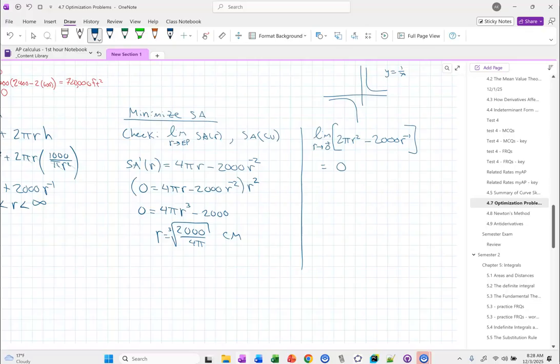But I'm multiplying it by a negative. So what's going to happen? It's really going to flip like that. So where are we heading? Negative infinity.